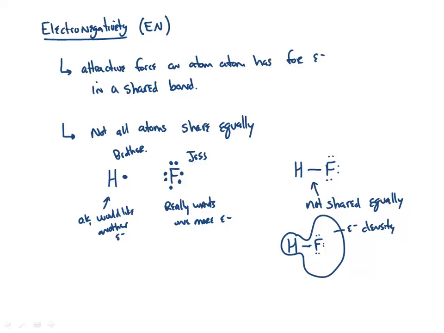Now, if you take a look at all our diatomic molecules that we showed as our previous examples, they're going to share those electrons equally because they're the same element, right? But between hydrogen and fluorine, they're totally separate. Okay, what's the difference between these two pictures? Nothing.